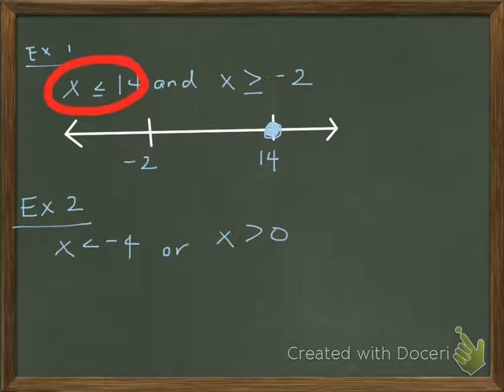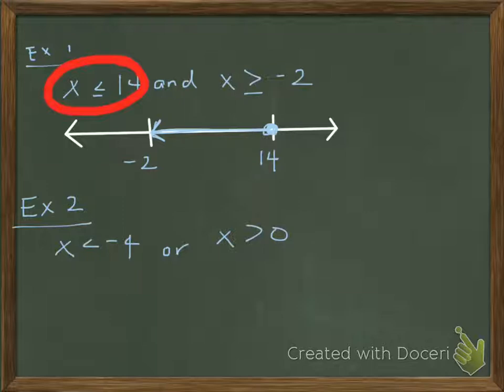It sure is. So that means that we're going to draw our arrow in the direction of whatever the inequality sign is pointing. In this case, it's pointing to the left. So we're going to draw our graph to the left, like this.